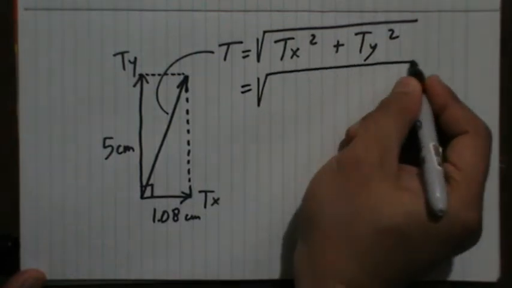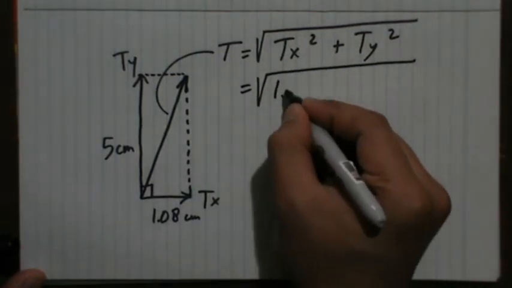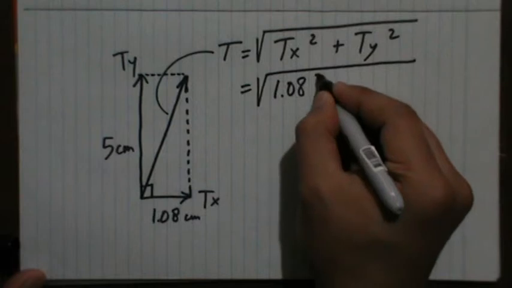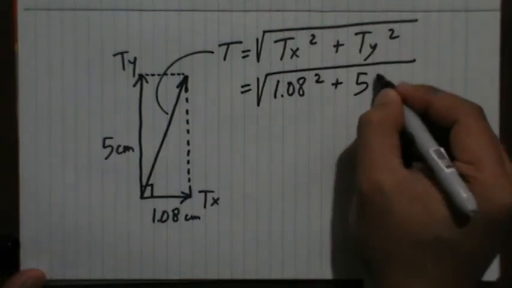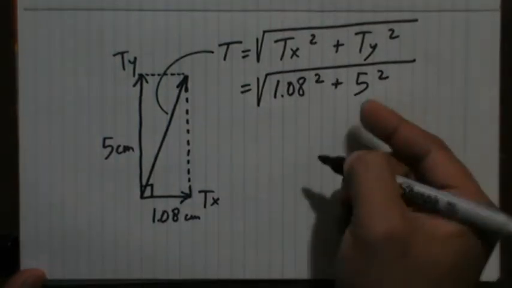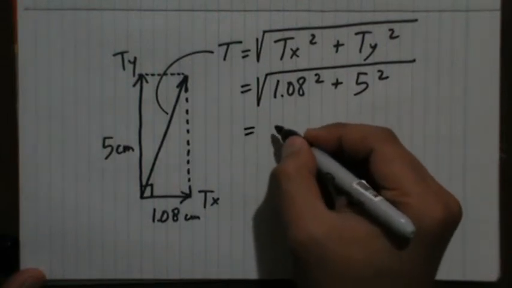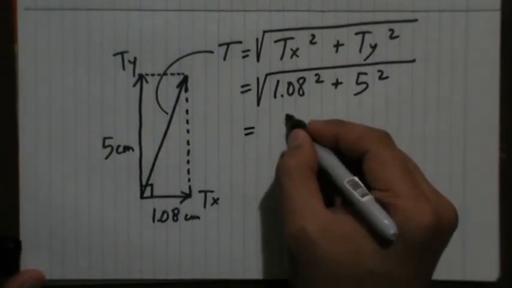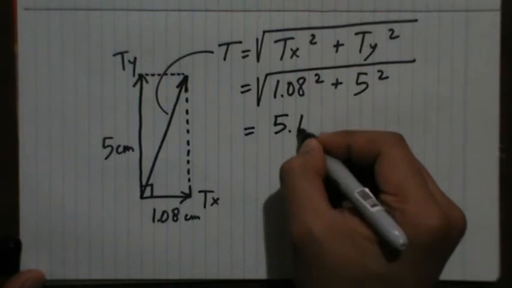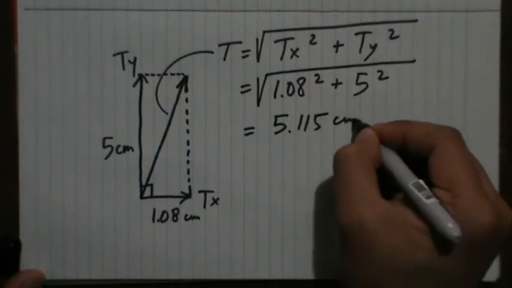And let's put the number here, 1.08 square plus 5 square. And if we calculate the value, we will get it's around 5.115 centimeter.